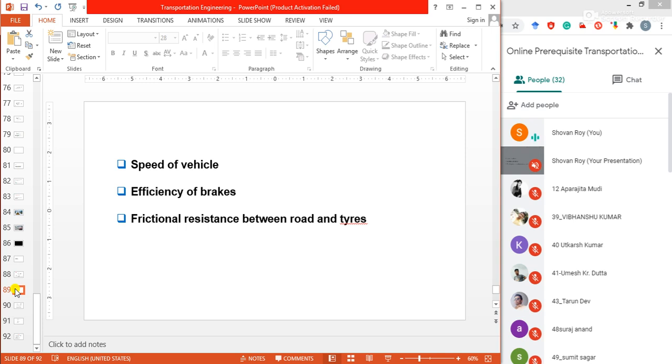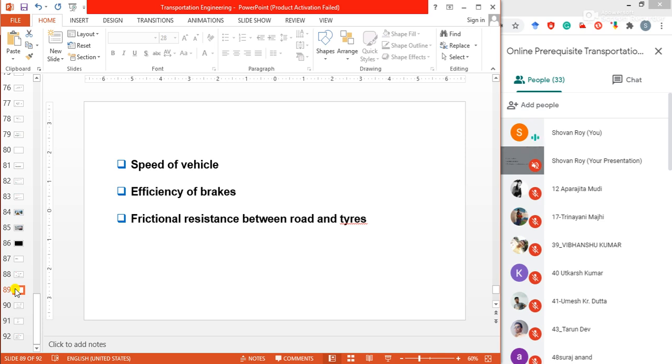When the brain is taking a decision, at that time my vehicle is going at its speed. Also, when my brain gives the order to apply the brake and when I actually apply the brake, in this gap time the vehicle is still going, so this is also a distance, and it depends on the speed of the vehicle.